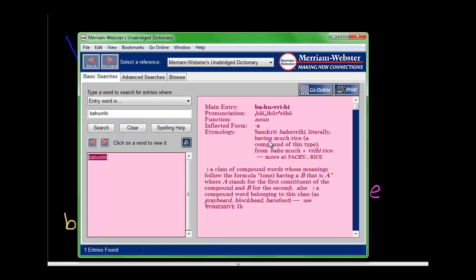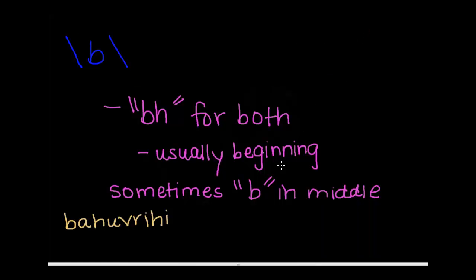It comes from the root bahu, meaning much. If you know that, that'll help. If you don't, that's okay. Maybe the BH doesn't make sense there. You kind of have to plug the words in and see. But if you understand that bahu means much and vrihi means rice, then you'll remember that this word has just a B, not a BH.